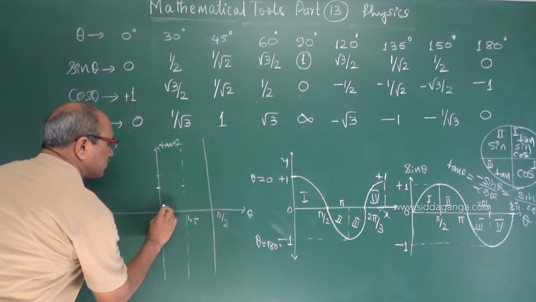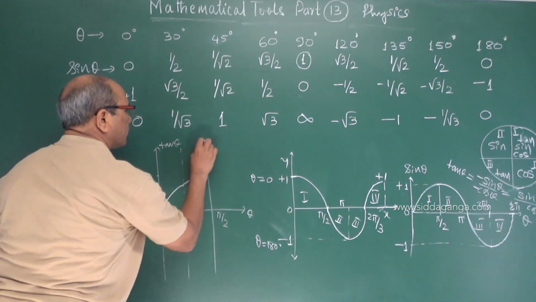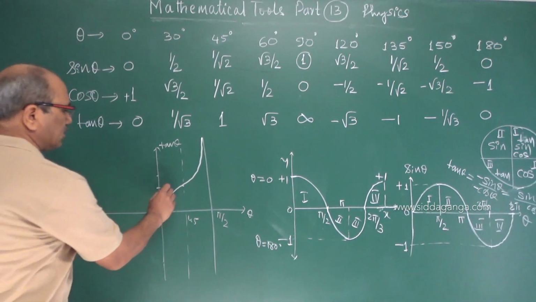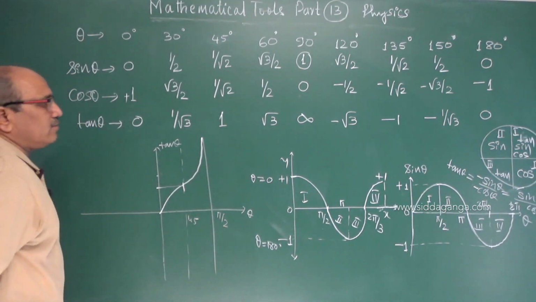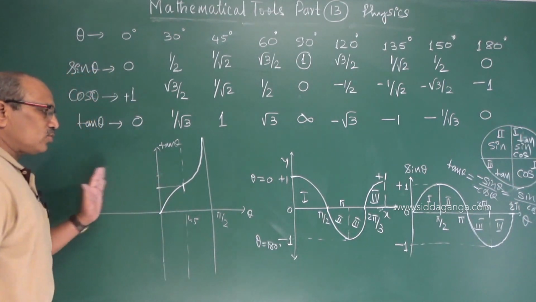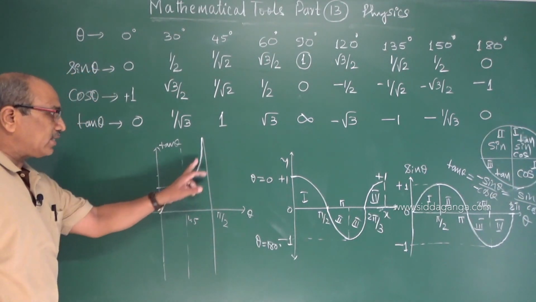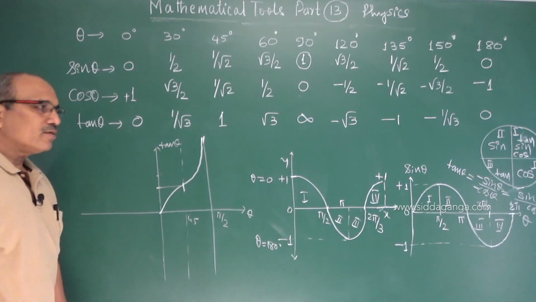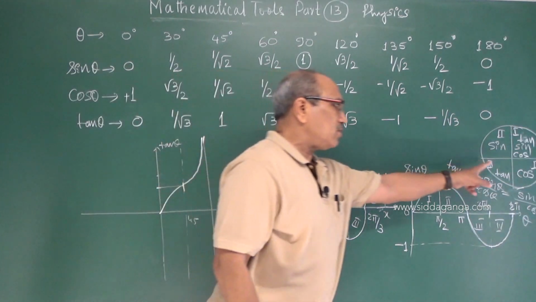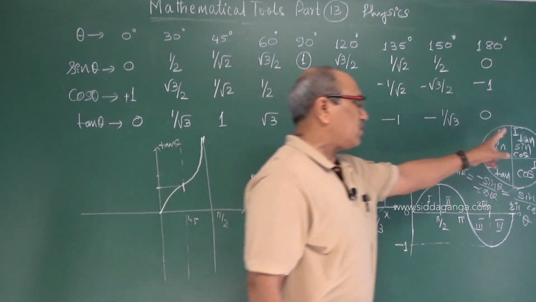That means the curve is going like this. And negative values are also there on the other side, which I have not shown. The tan curve will go like this, similarly tending to infinity. So tan is positive in the third quadrant and first quadrant.